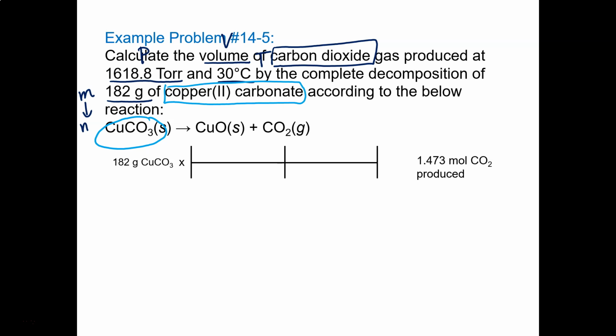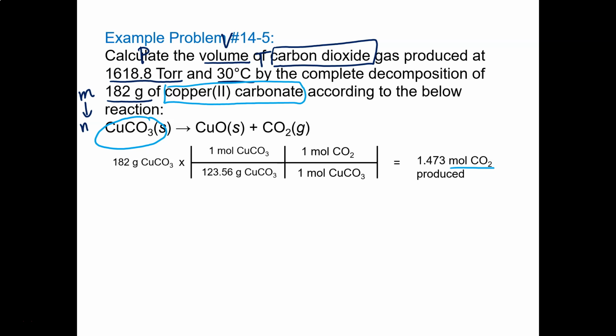And you should get mole of CO2 at the end. Okay, so then going from gram to mole of copper carbonate, and then I'm going to use the mole ratio between copper carbonate and carbon dioxide, which is 1:1, and that actually gives me this answer.